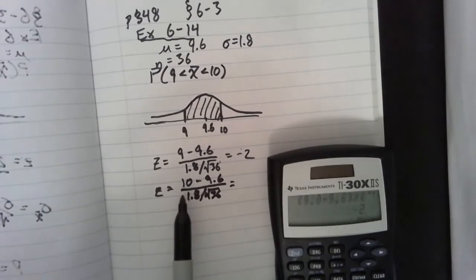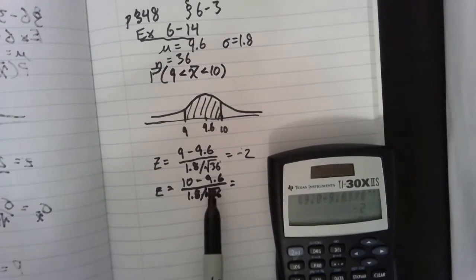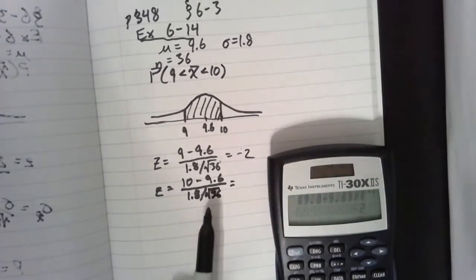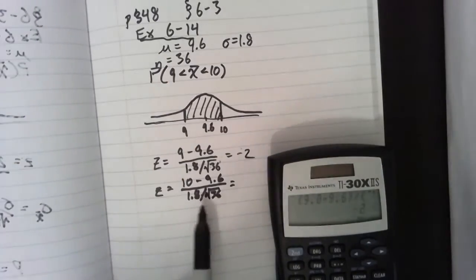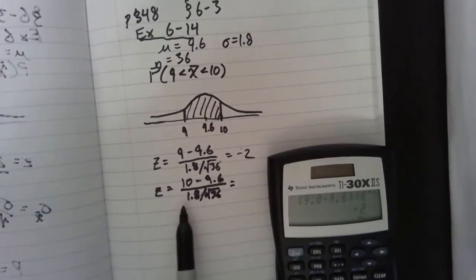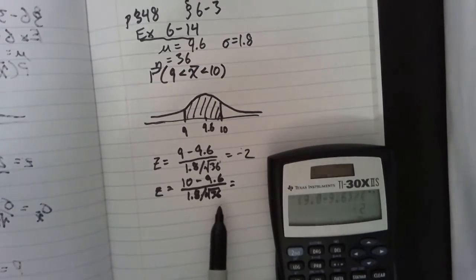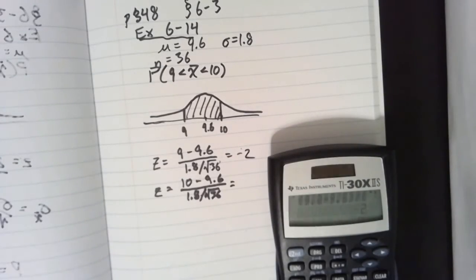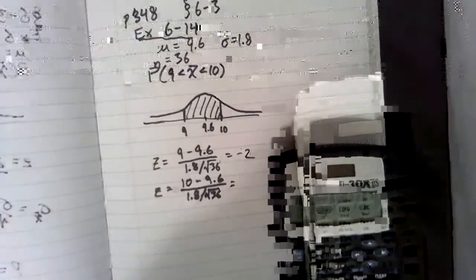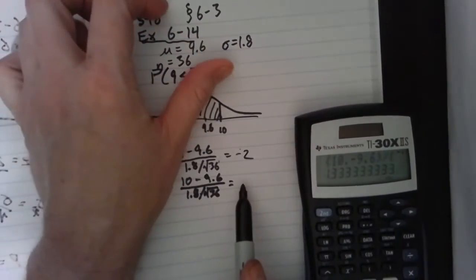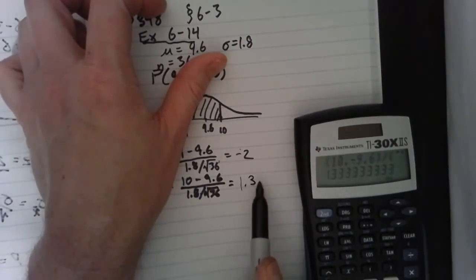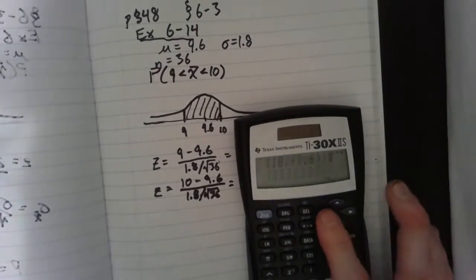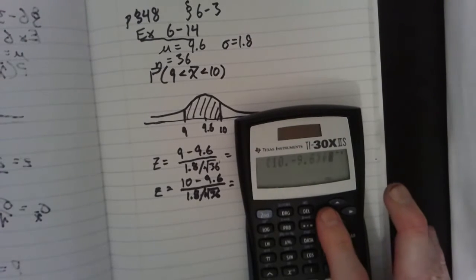So I'm substituting 10 for x bar, 9.6 in place of mu, 1.8 for sigma, and then we have to include the square root of n. So this whole denominator is going to be 1.8 divided by the square root of 36. When I'm doing this let me just pause and do it. Notice that when I'm plugging this into the calculator, I'm putting in a lot of parentheses.